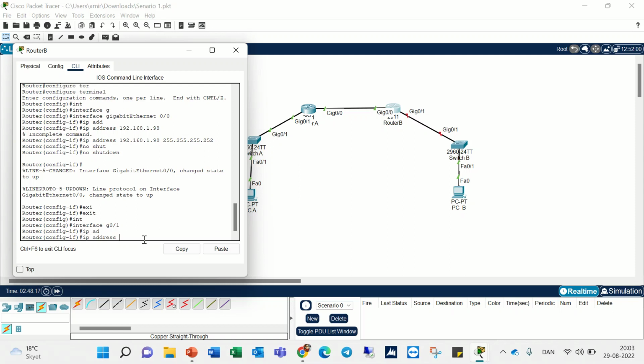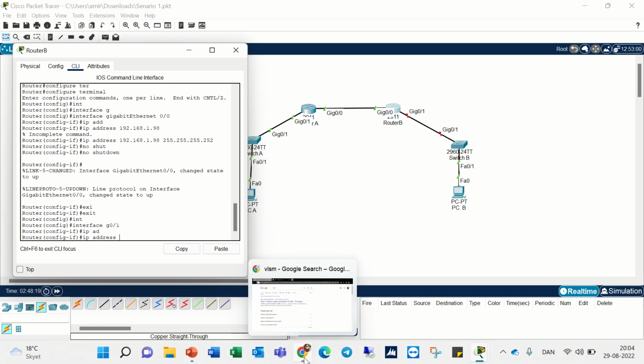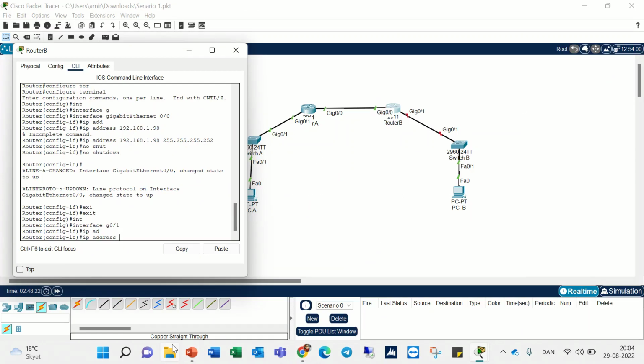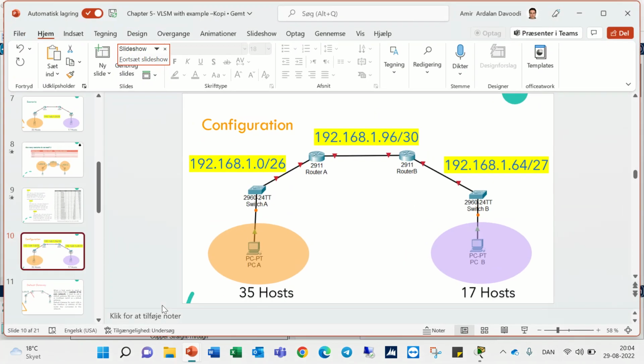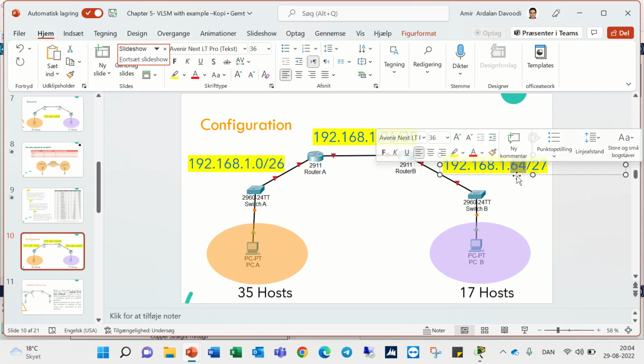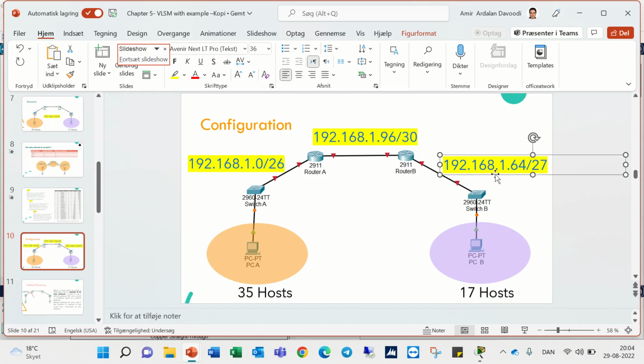IP address also should be for this side. Excuse me, you should use this one. I should use the first IP address. This is the network address, and the first IP address should be 192.168.1.65.